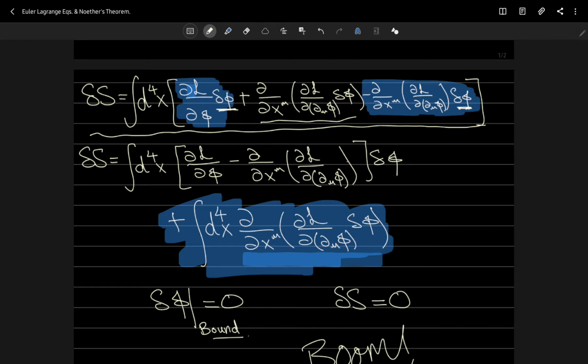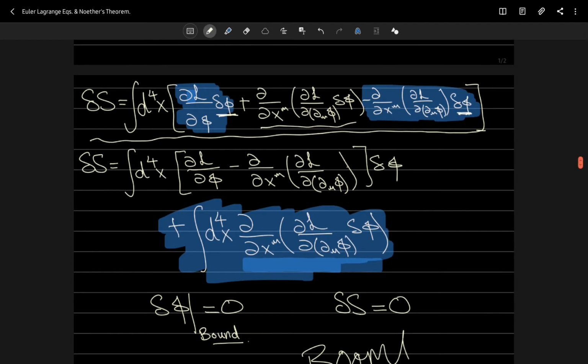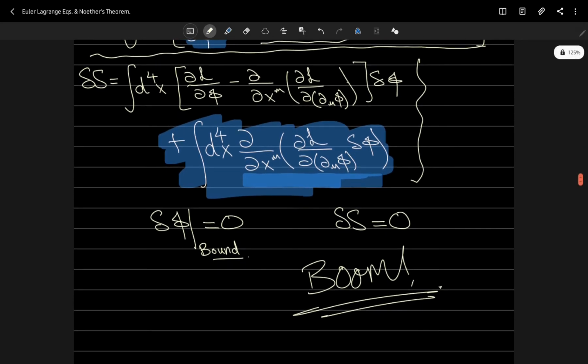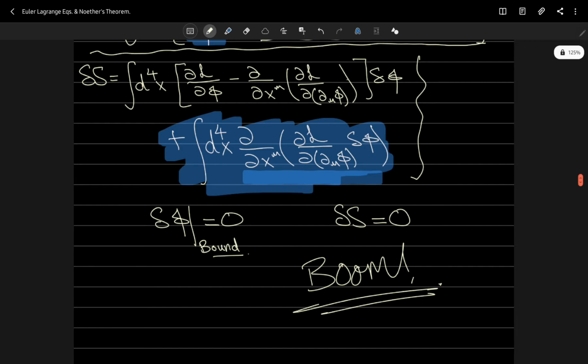So in fact, this expression looks pretty lengthy, but what comes out from it is that we can say that this integral that we have, well, I forgot to mention, I think this integral will be 0, right?